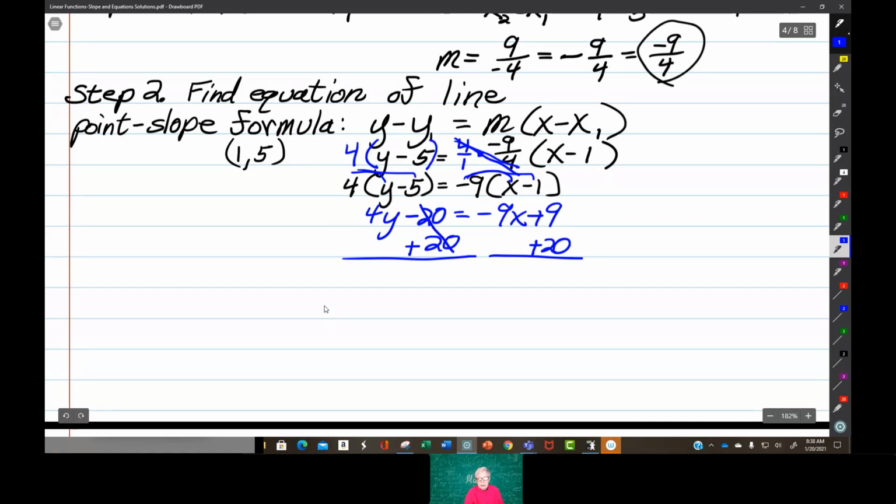Cancel the 20s. Well, they zero out. You'll be left with a 4y on the left and a negative 9x. 9 plus 20 is 29.